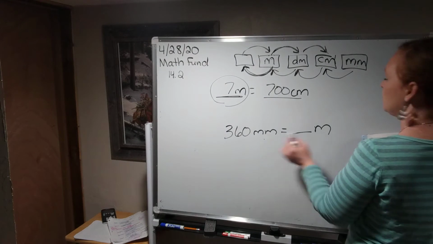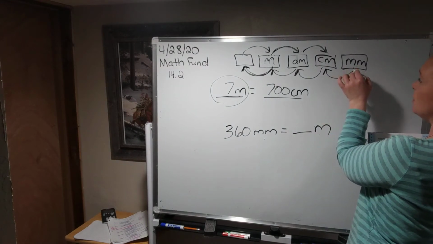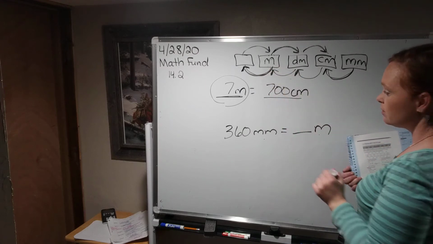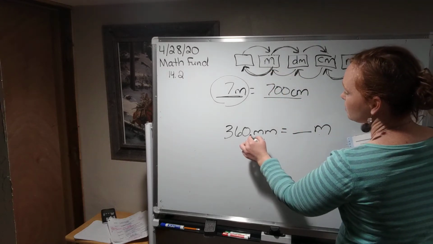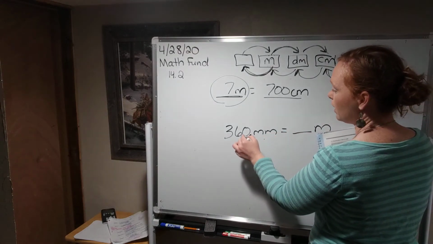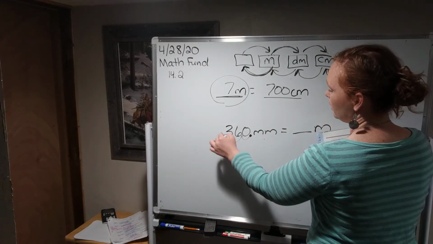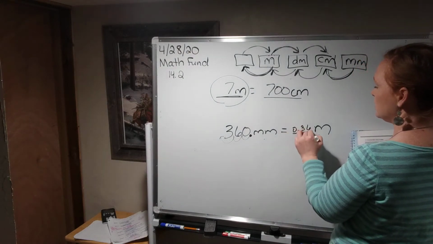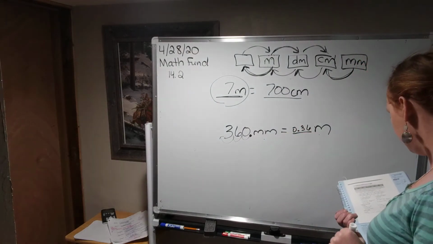So I'm going to start at millimeters and I make 1, 2, 3 jumps. Okay, so let's put the decimal where it is at millimeters and let's do our 3 jumps. 1, 2, 3. So 0.36 meters.